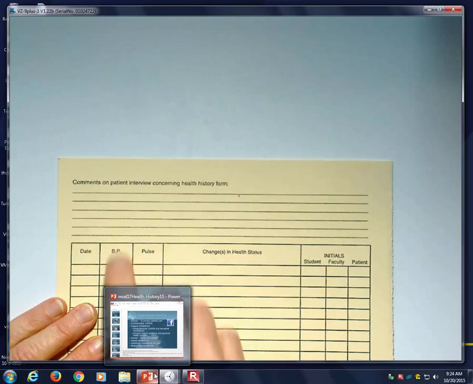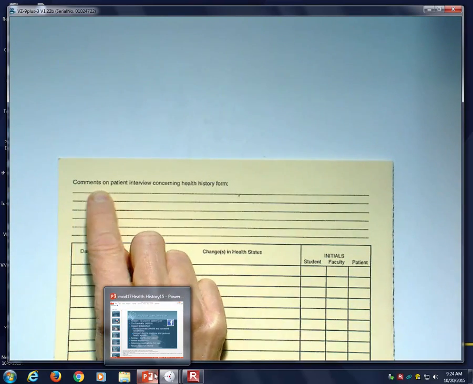Give me a good follow-up question for asthma. Do you use an inhaler? That's really a good one. Asthma is number, I should have that memorized, 25. So they answered yes to that. So here you write 25, uses an inhaler.